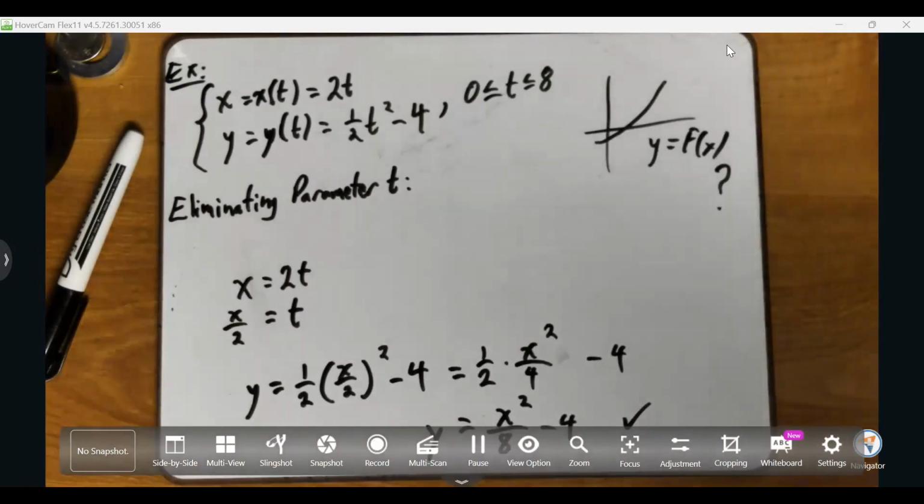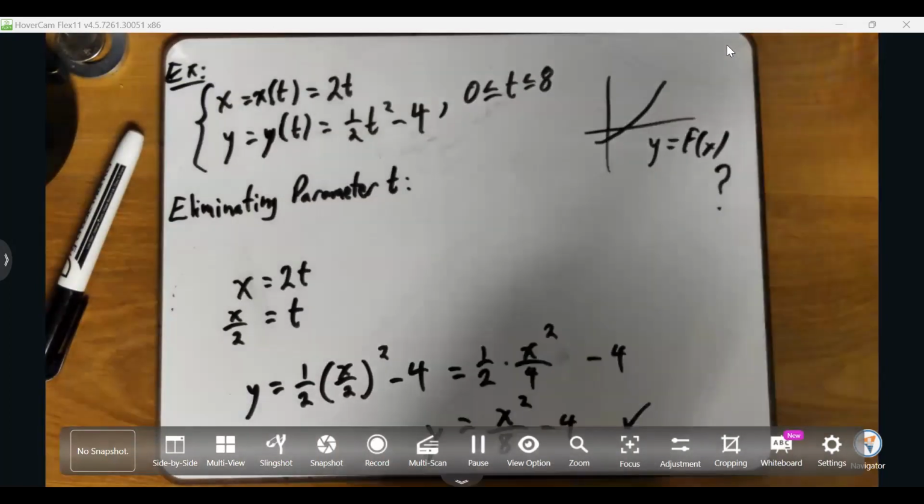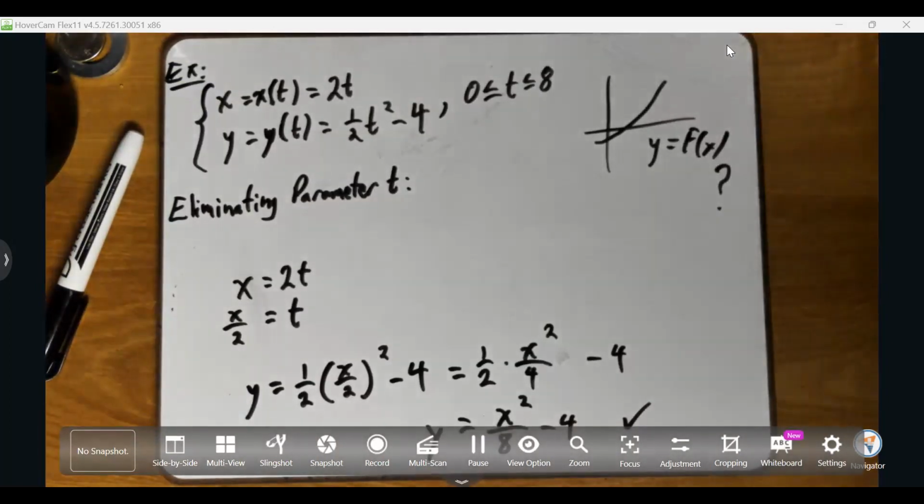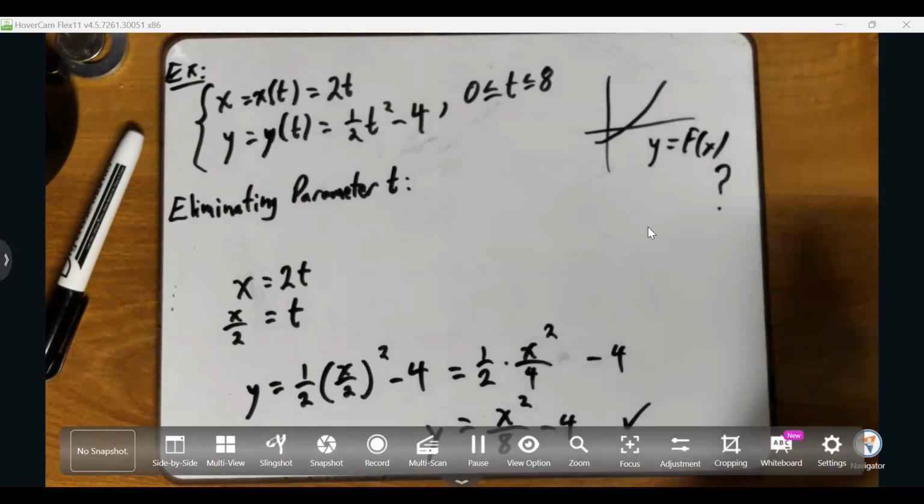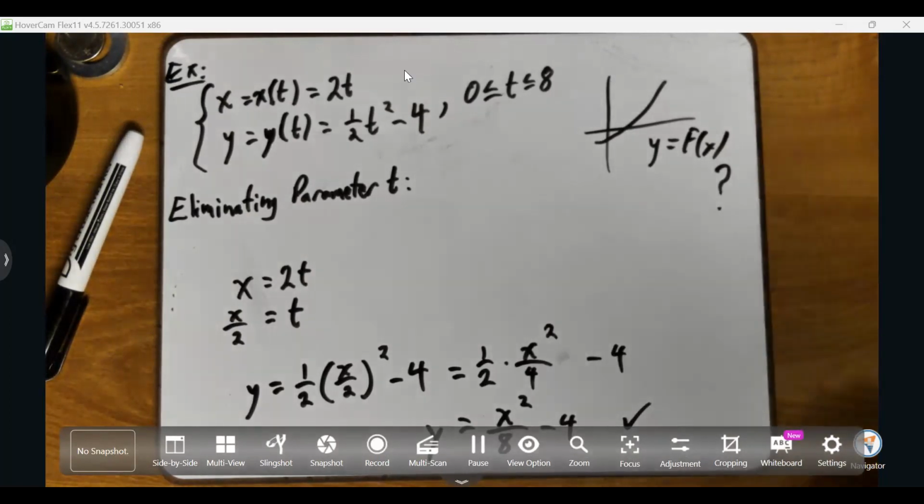I'm not a big fan of it because the real benefit of using parametrics is you're able to describe all of these awesome paths and curves in space that you just couldn't do with the y equals f of x form. But if it's the type of path that you could describe this way, and you want to know what functional form it corresponds to, that's what eliminating the parameter is all about.